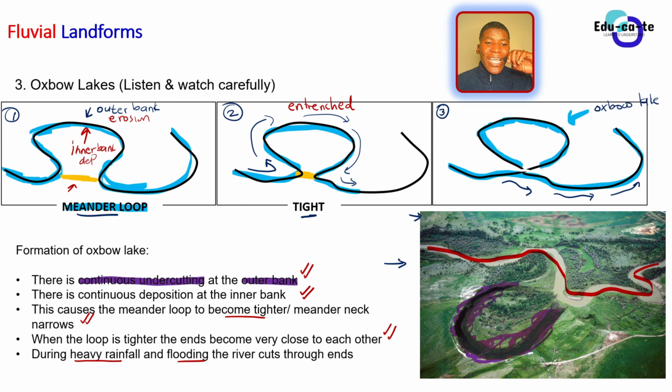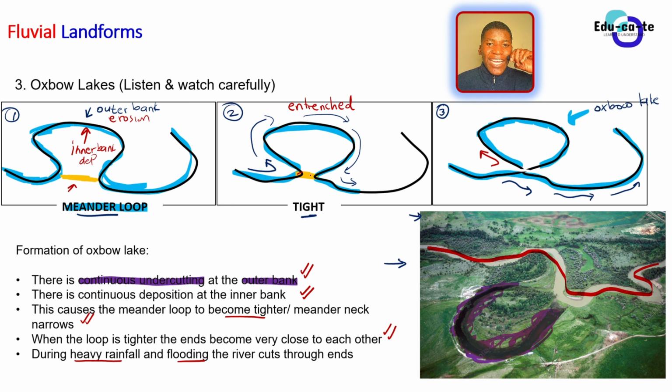So basically, what will happen? The river, since it has got more energy, won't take its time to go around this meander neck anymore. It won't flow around this bend anymore, but it will just cut through the ends.